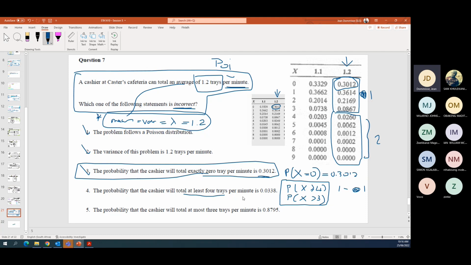Okay, so it gives me 0.0336. Okay, so let's see. It's exactly the same if I used that. Okay, so if I say one minus the other, I just now want to check.